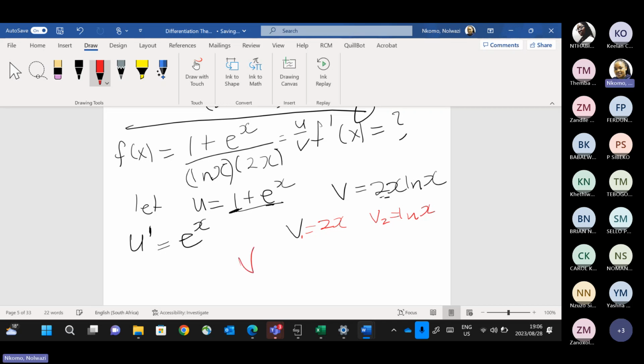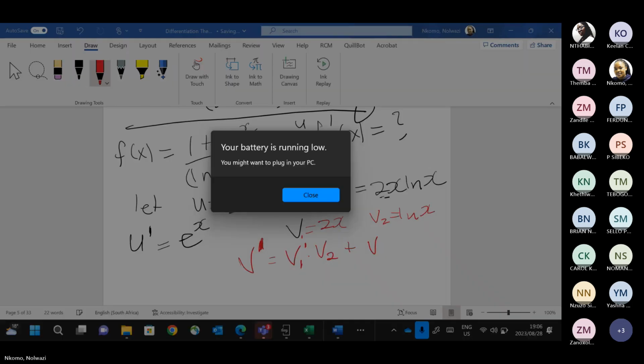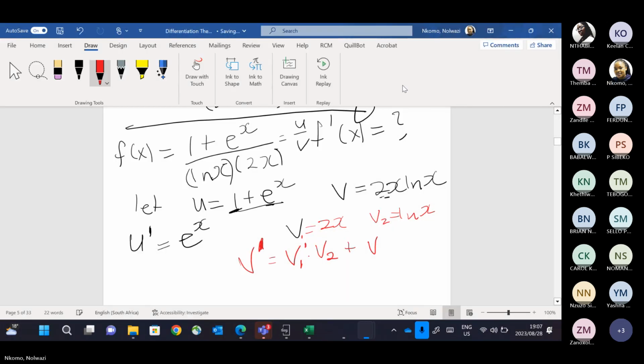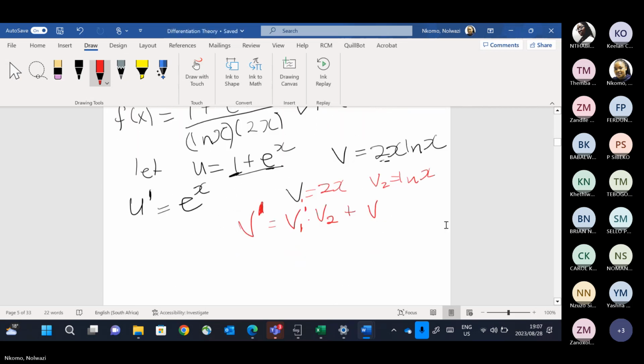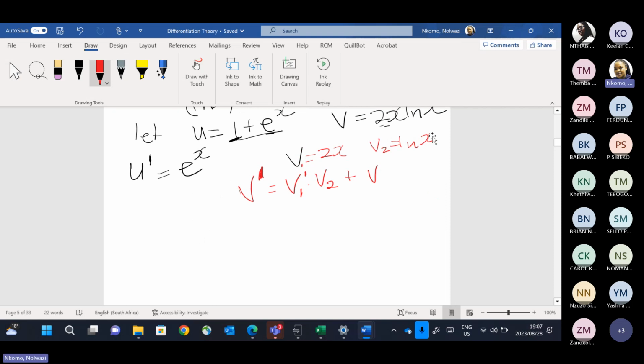Meaning the derivative of v would be v1 prime times v2 plus v1 times v2 prime, right?